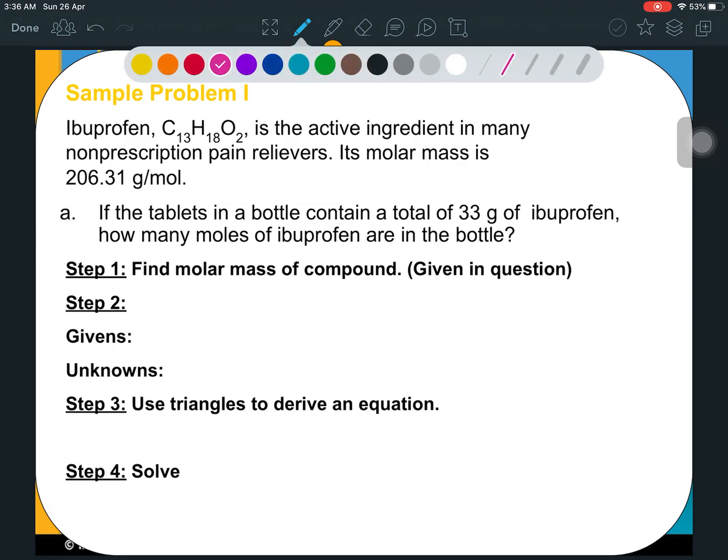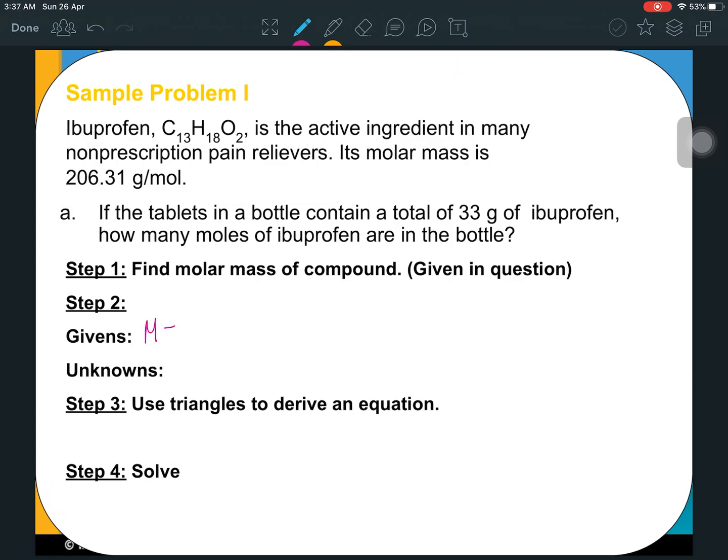So for A, we can see what is given to us. We know that capital M, or molar mass, which is given right here, is 206.31 grams per mole. And then I know that my mass is 33 grams.